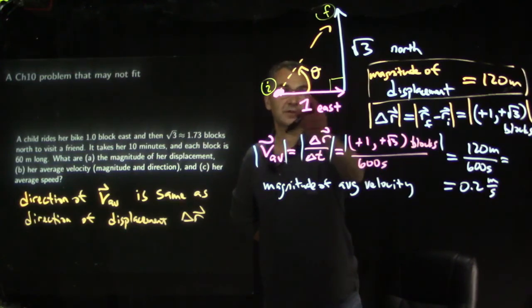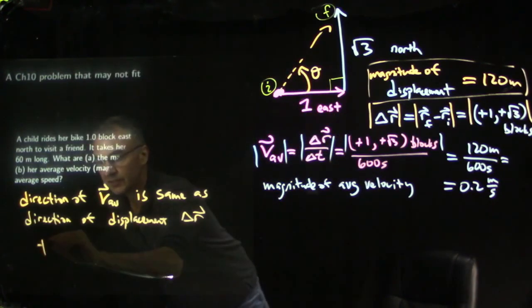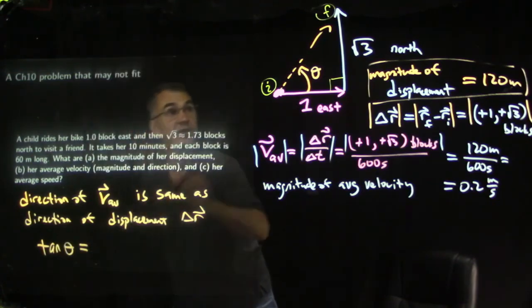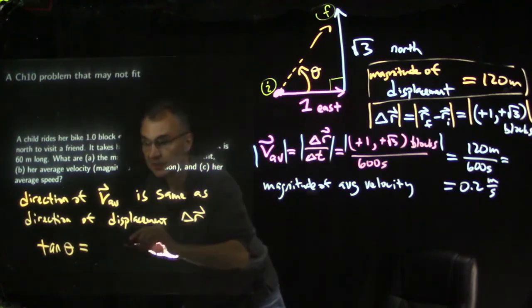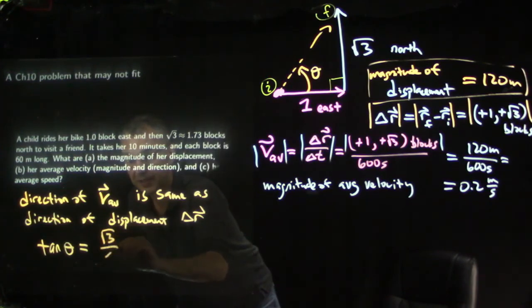So if you look at this triangle, you take this angle theta, which is the direction of her displacement, then the tangent of that angle theta, which is how far north above east it is. It's like something vaguely northeast. The tangent is root 3 divided by 1, which is, okay, root 3.